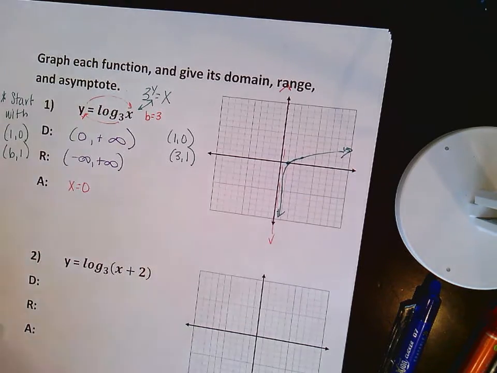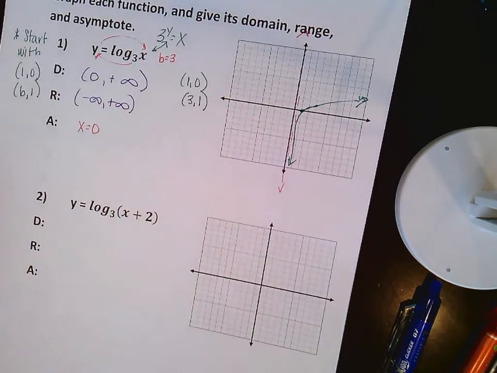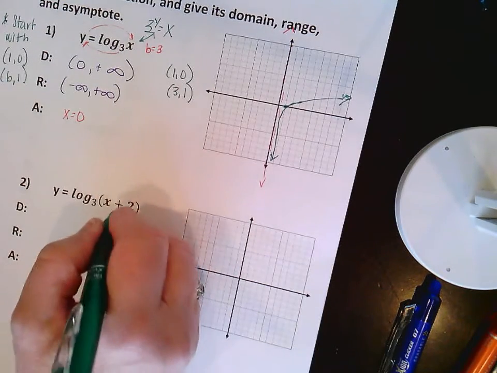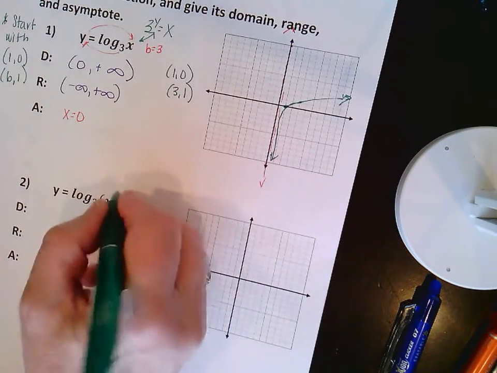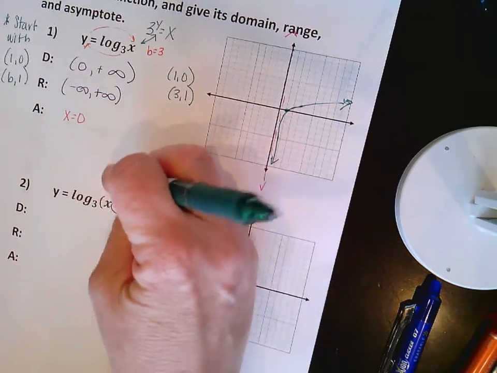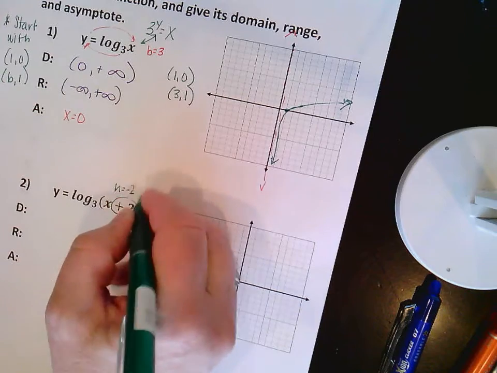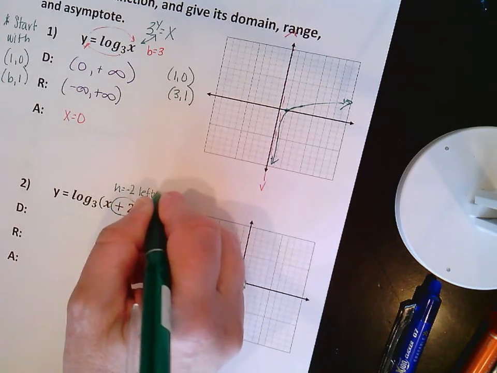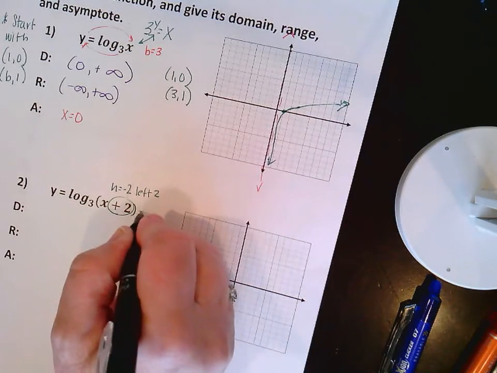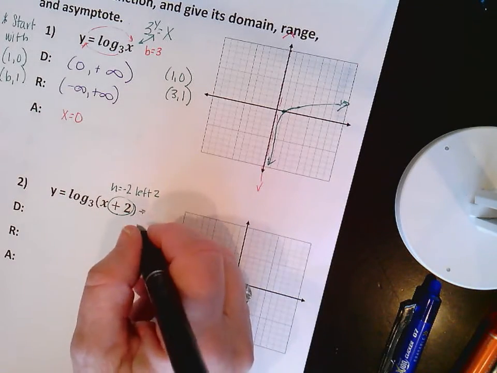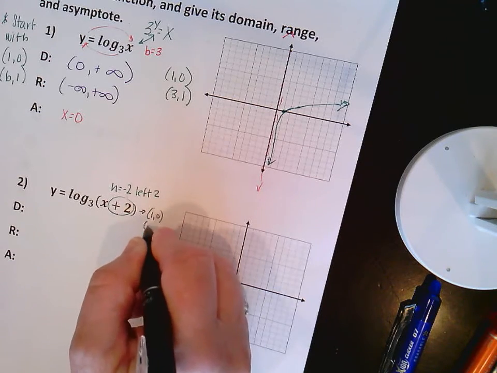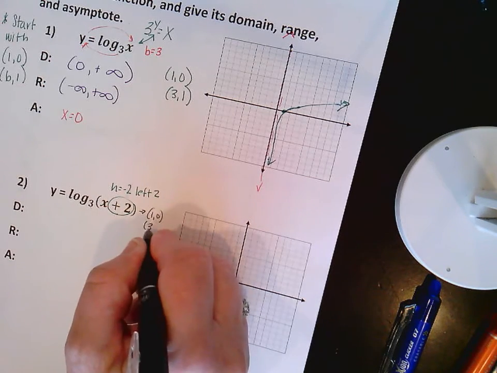So let's try again. I've got log base 3 of (x plus 2). This plus 2 means that my h is negative 2. So that means it's going left 2. So if I start with the parent function of the log base 3, it would be (1, 0) and my (b, 1), (3, 1), right? Because that's what we start with.